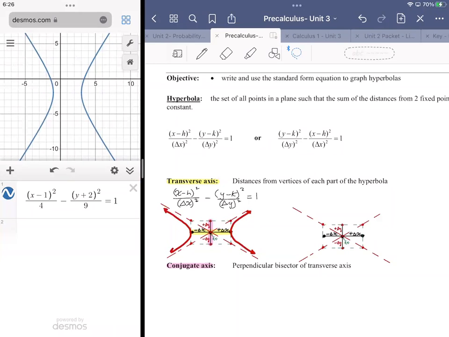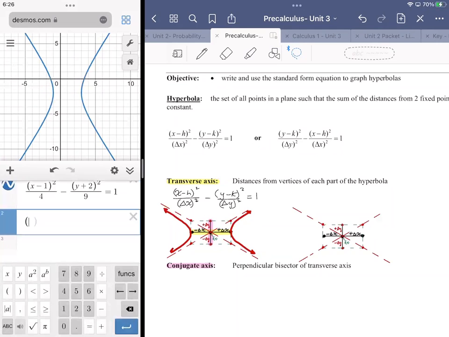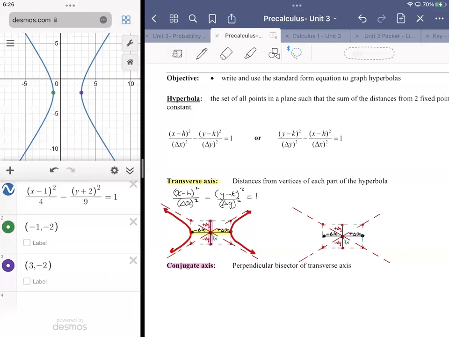It's opening outwards. The vertices that would be relevant are (-1, -2) and (3, -2). Let me just plot those here. A line segment connecting those two points would be the transverse axis.